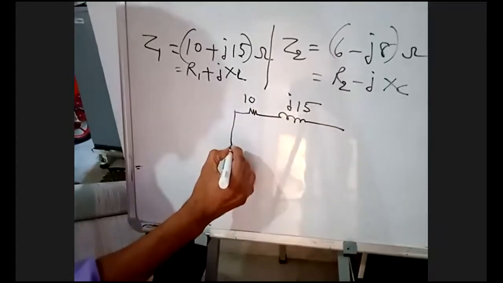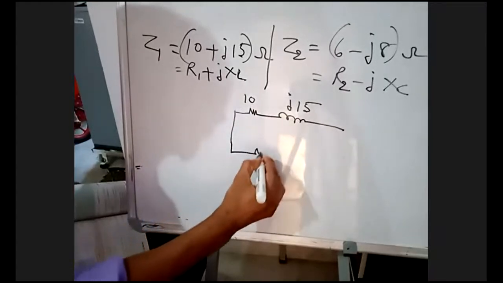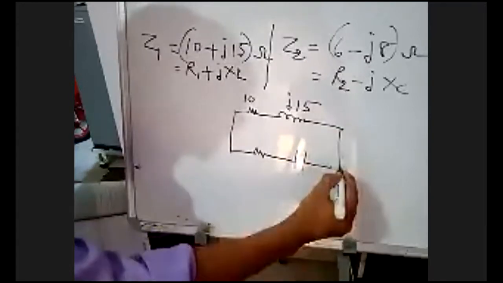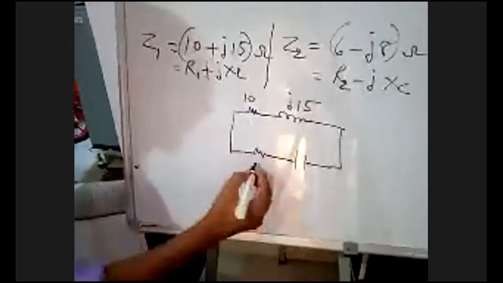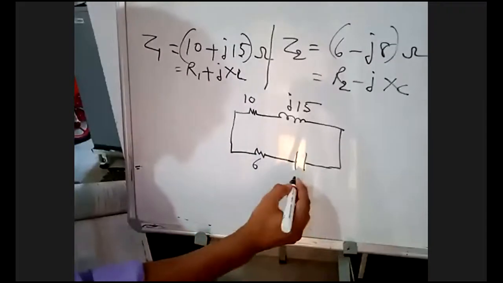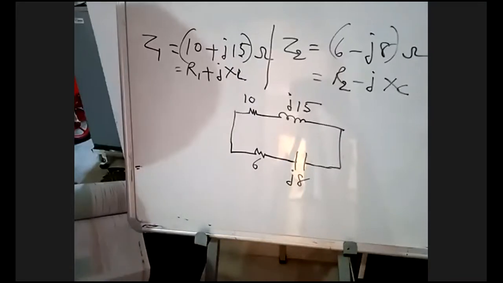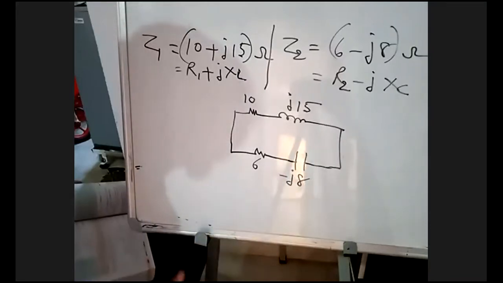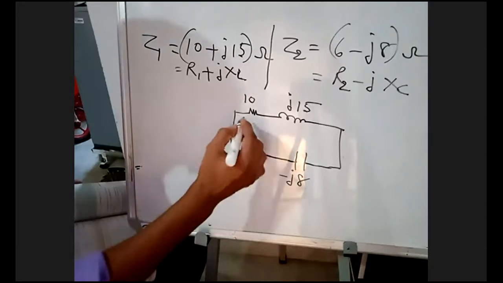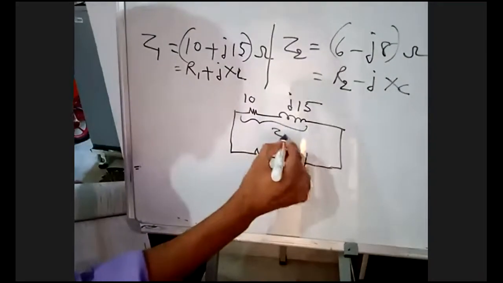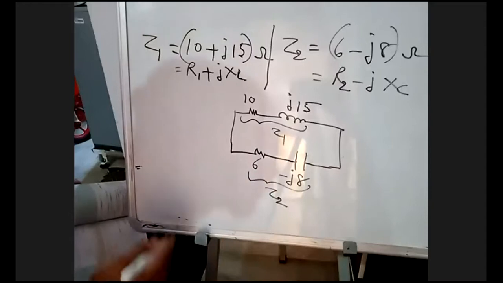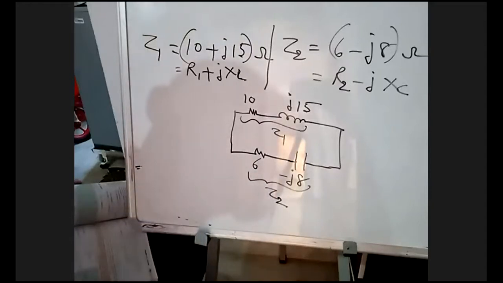And your Z2 is 6 minus J8. Okay. This is Z1, this is Z2, and these two are connected in parallel.